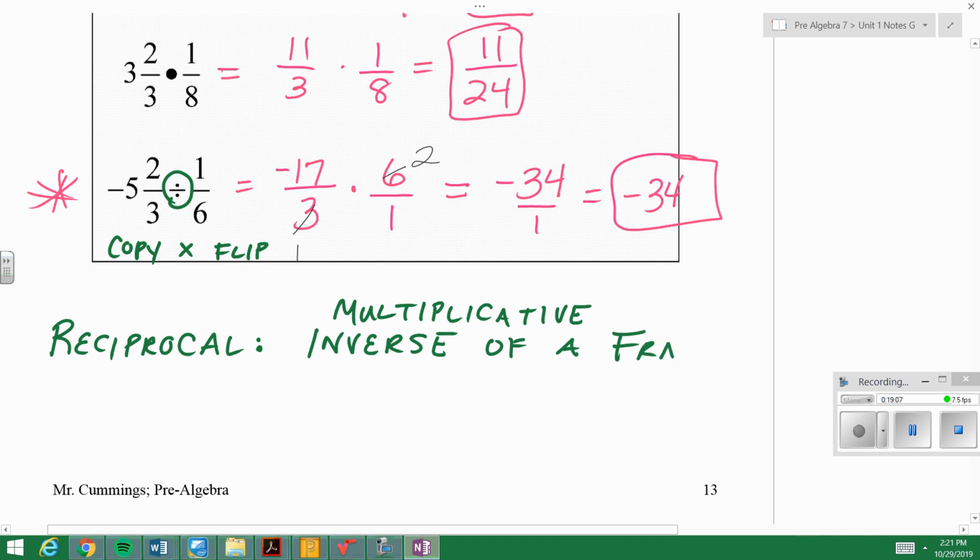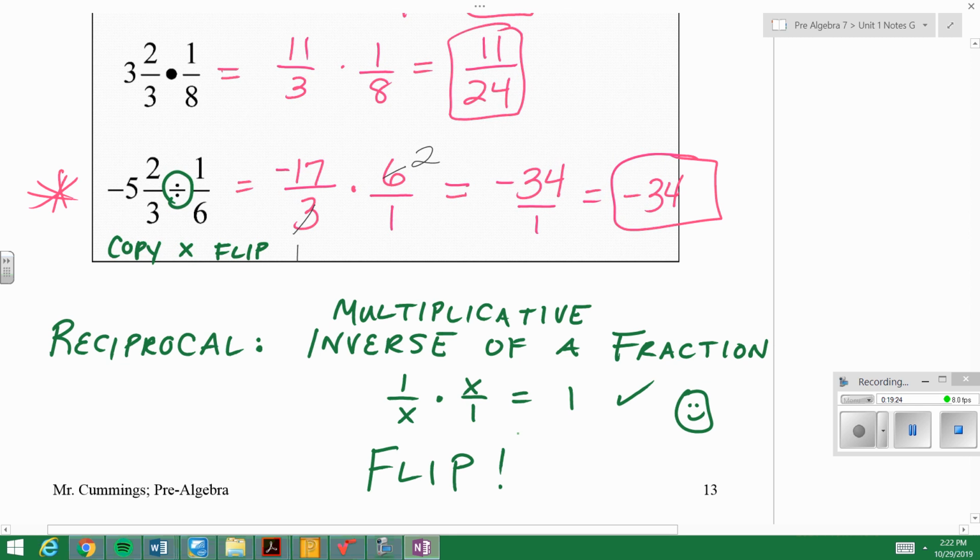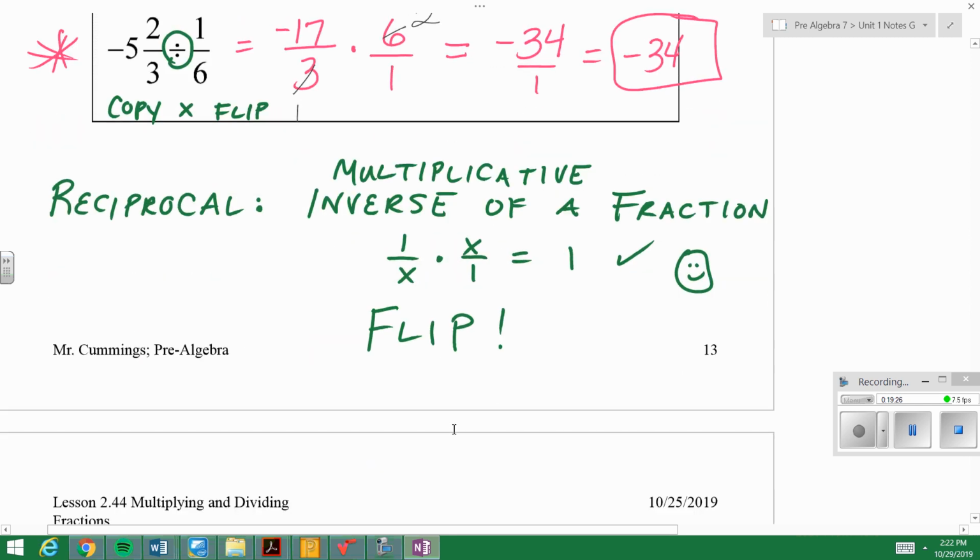That means the number that you multiply to get 1. Okay, 1 over x times x over 1 is equal to 1. Multiplicative inverse of a fraction, it is the fraction flipped. That's what a reciprocal means.